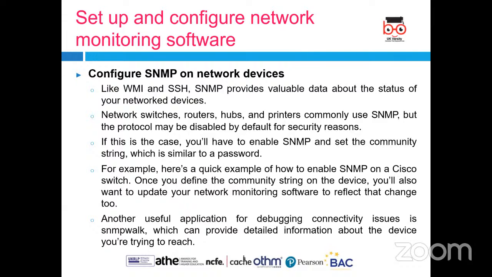Network switches, routers, hubs, and printers commonly use SNMP, but the difference is that the protocol might be disabled by default for security reasons, in order to not have too much traffic on that network. This appliance might also not be connected to the network.